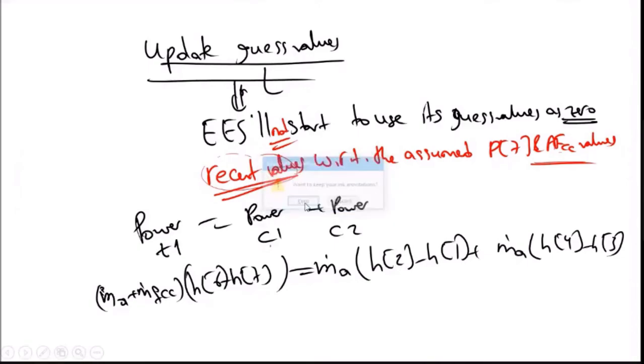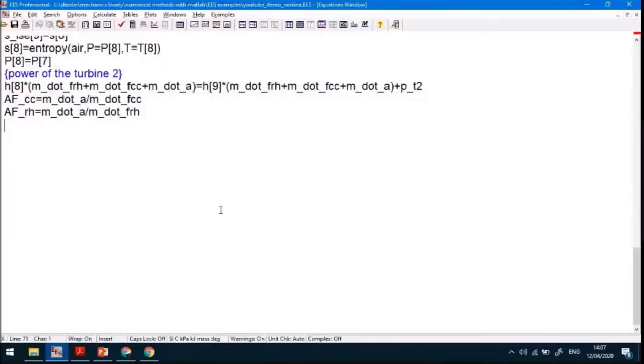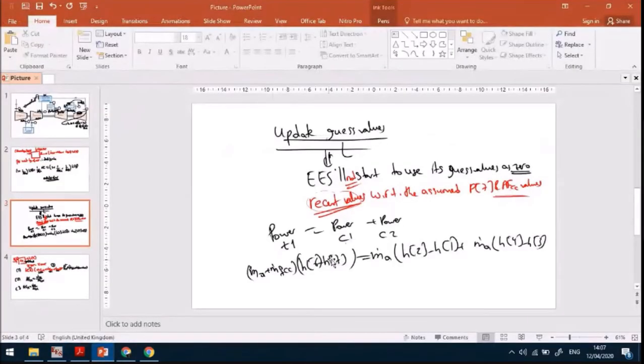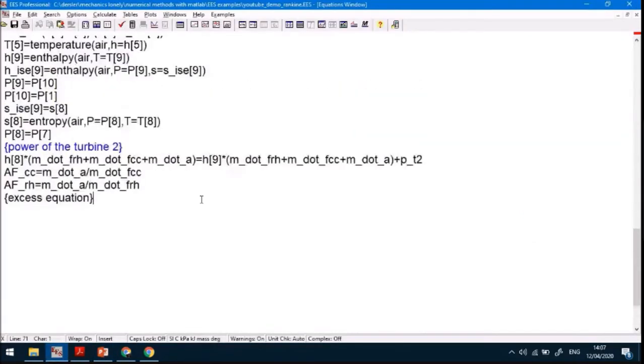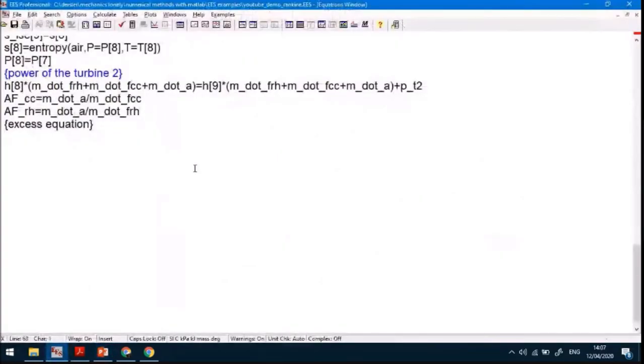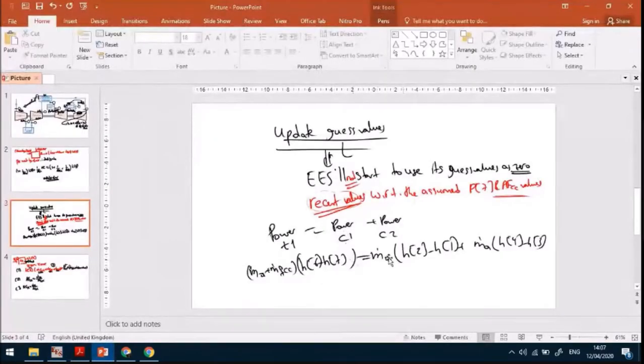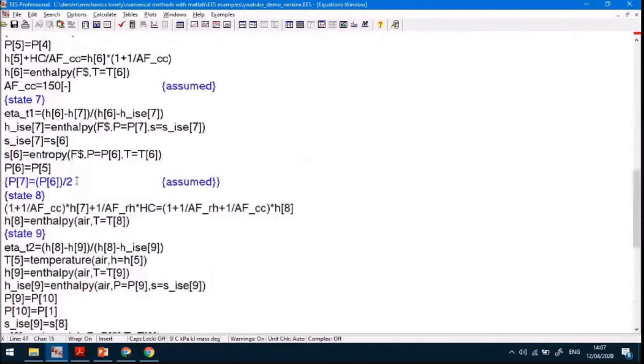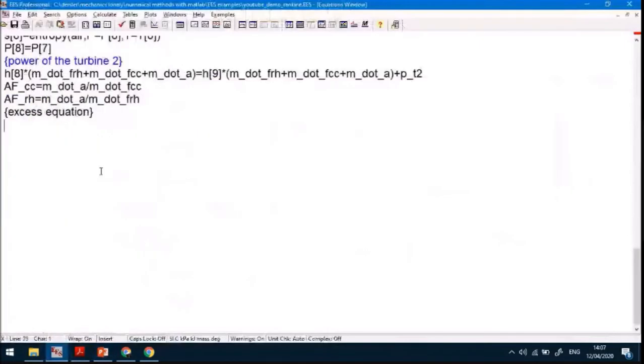Let's do that now. Let's write it in EES. We will have the excess equation. It is an excess equation because we know the enthalpies, we know the mass flow rates, and therefore it will be an excess amount of equation. Therefore we can now comment this one out and then solve the problem. Let's solve it.